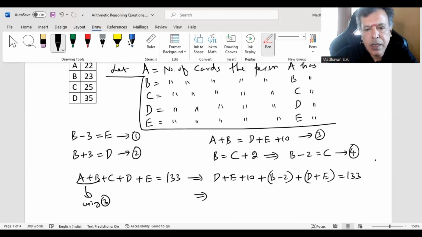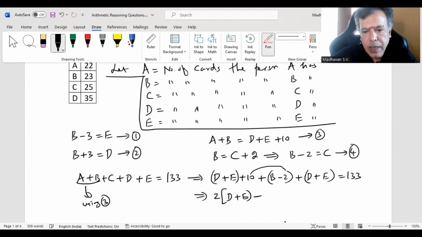Now this is nothing but 2 times D plus E. I'm adding these two, this D plus E and this D plus E. I'm writing it as 2 times D plus E plus 10 minus 2.